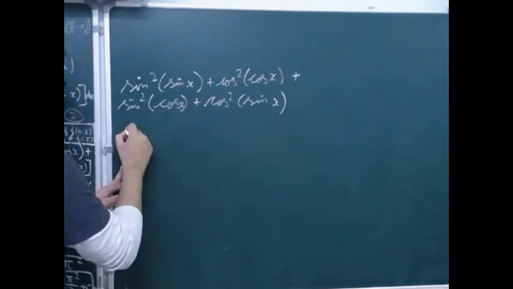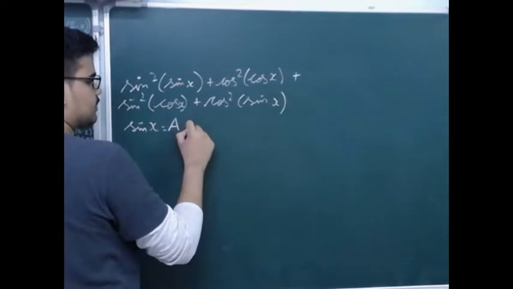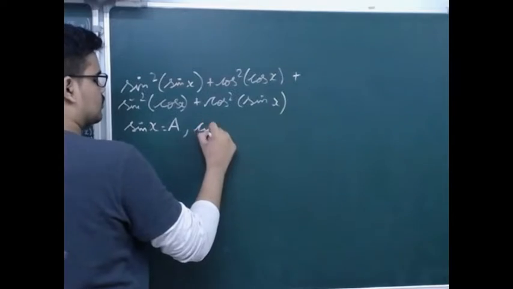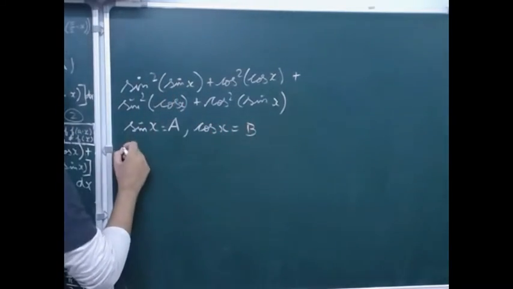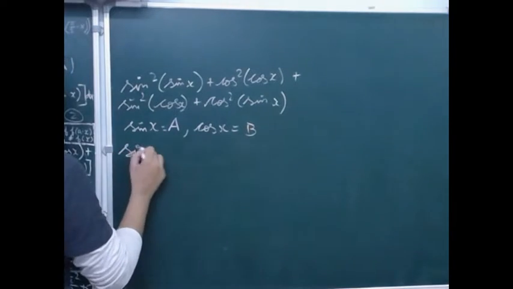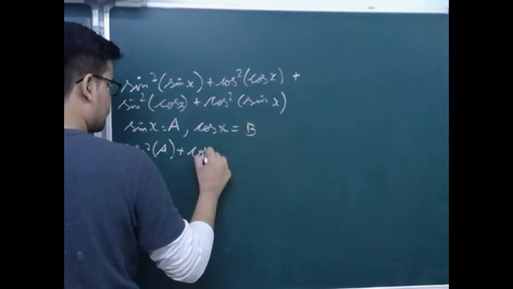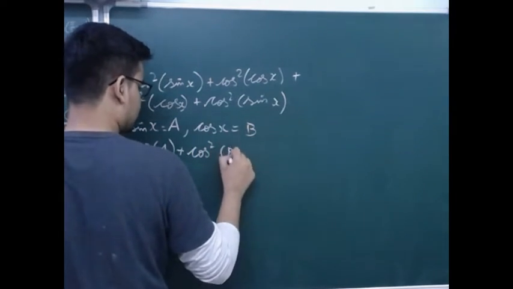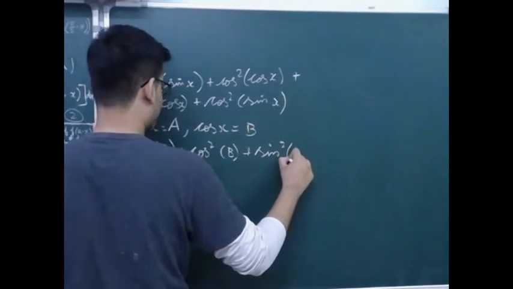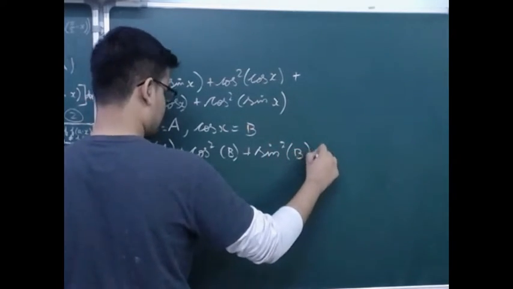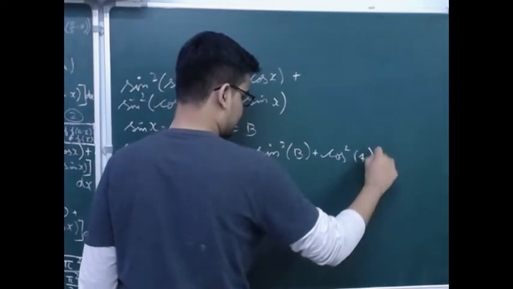Here I am assuming sin x as a and cos x as b. So substituting the values, we get sin square a plus cos square b plus sin square b plus cos square a.